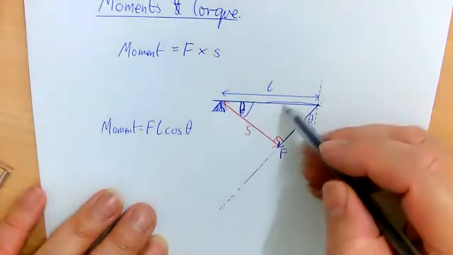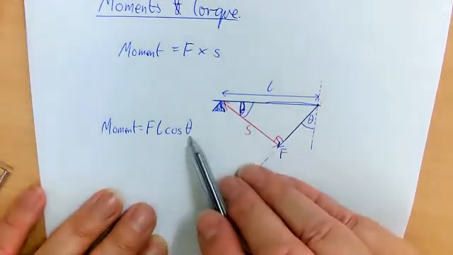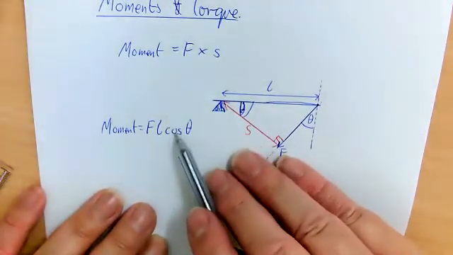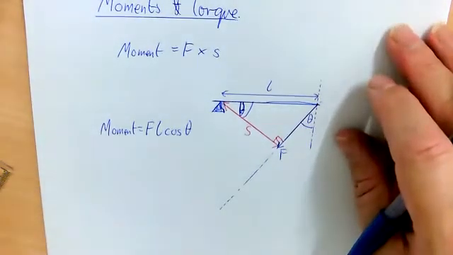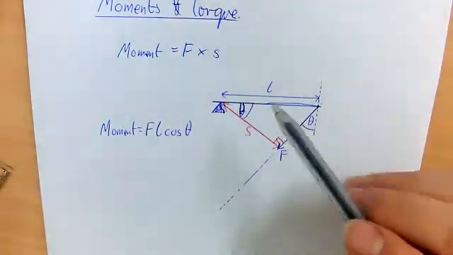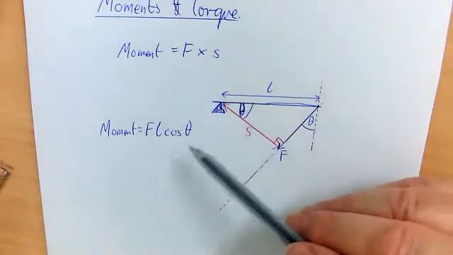So if that angle becomes 0, then that factor becomes 1, because the cosine of 0 is 1. So that's the basic concept behind what a moment is.